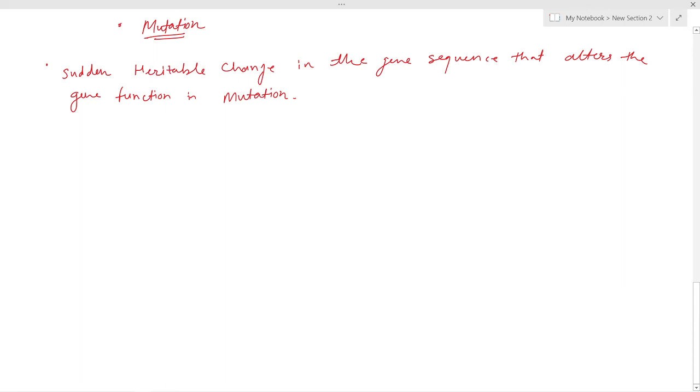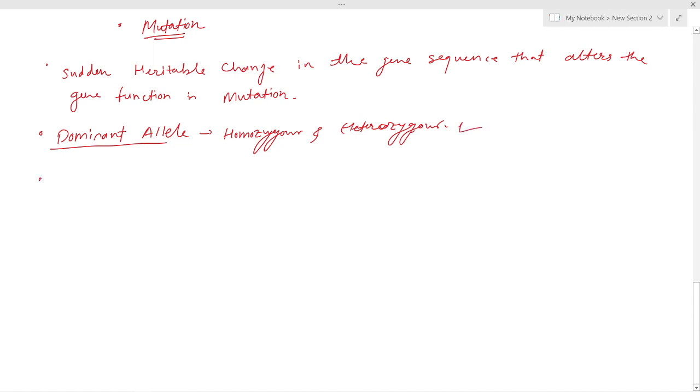Now we will start our discussion with some terminologies, that is dominant allele. Dominant alleles are alleles that express both in homozygous and heterozygous condition. If there is a homozygous or heterozygous condition and the allele is able to express itself, it will be the dominant allele.